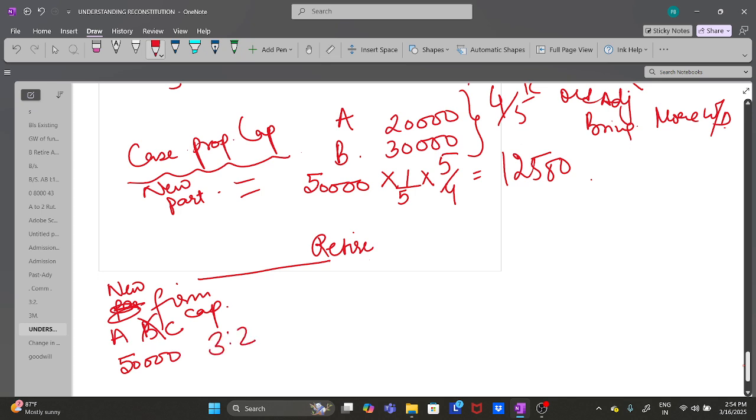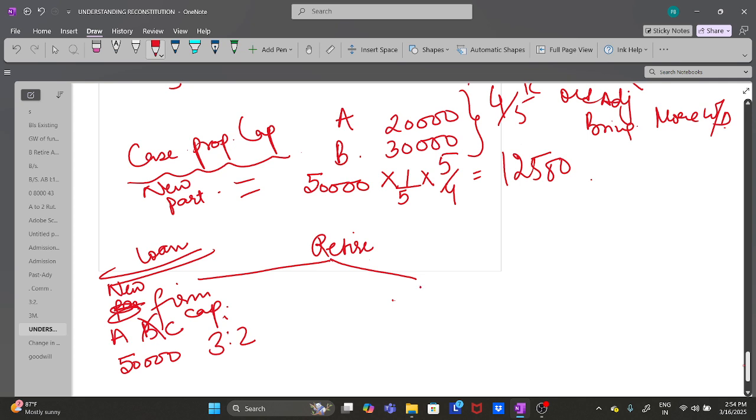So 30 and 20 becomes their new capital. Compare it to the old one and transfer either the difference they bring in, or it gets transferred to the current account. In admission also it can be through the current account. Then comes the next case where the retiring partner is not paid, the amount gets transferred to the loan account.